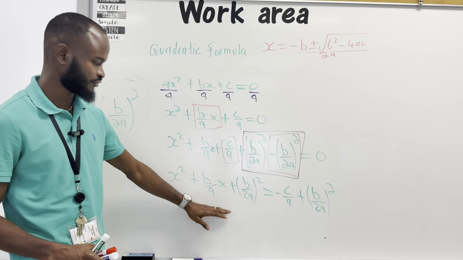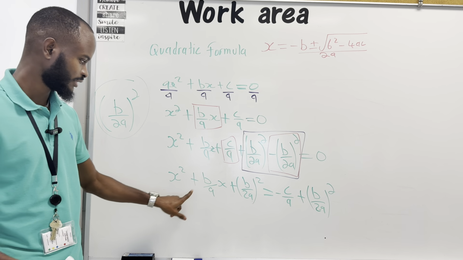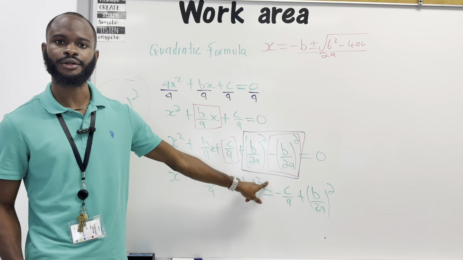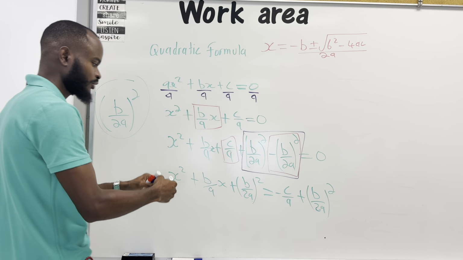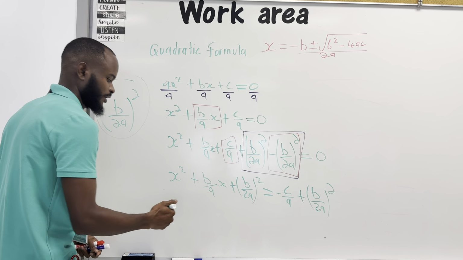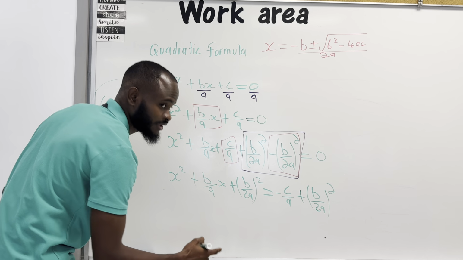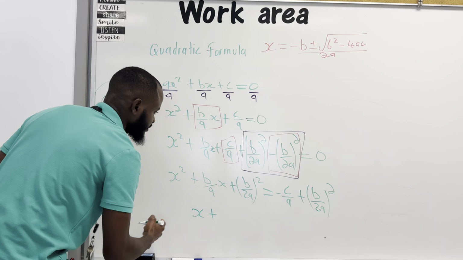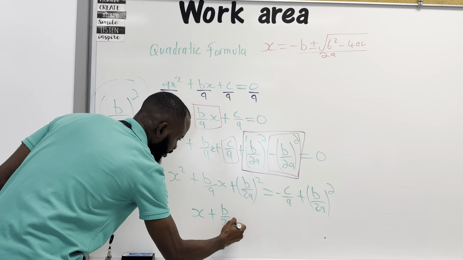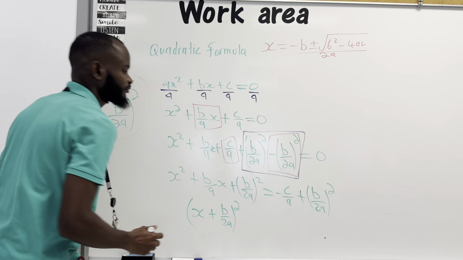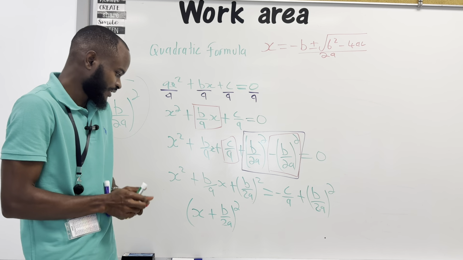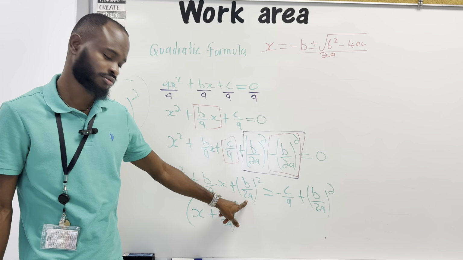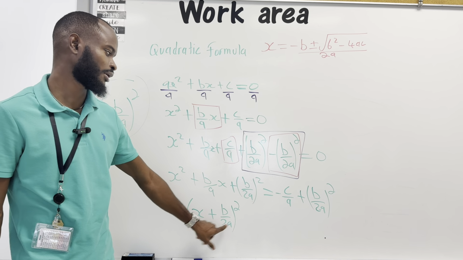So we can simplify this right over here as x plus b over 2a all squared, right? And I could expand that out just to show you that we would get back all of this right here. But that's not necessary, because if you got to this point, it means that you know something about algebra, right? So remember, we have the coefficient of x, and that's what we have here, and we squared it.